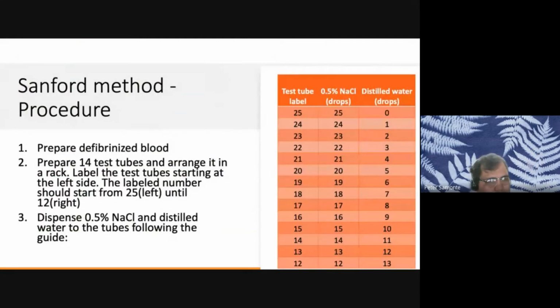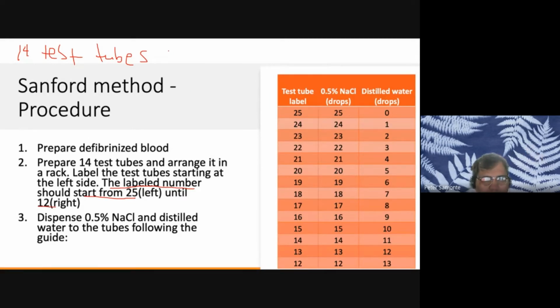Okay, let's discuss your Sanford method. In your Sanford method, class, you have to prepare 14 test tubes. You have to label them from number 25 to 12.